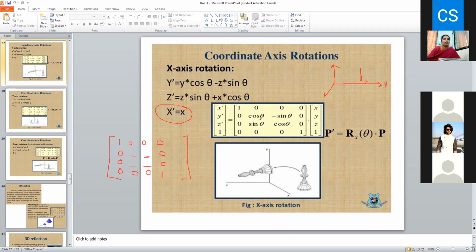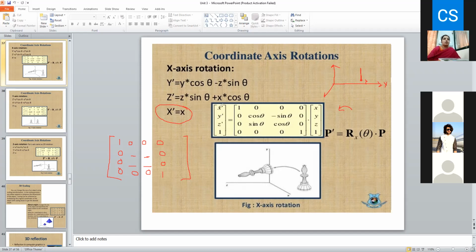So I am going to fill those 4 locations by cos theta, minus sin theta, and cos theta if anti-clockwise rotation is there. Getting it? Yes, students. Yes, ma'am. Okay.